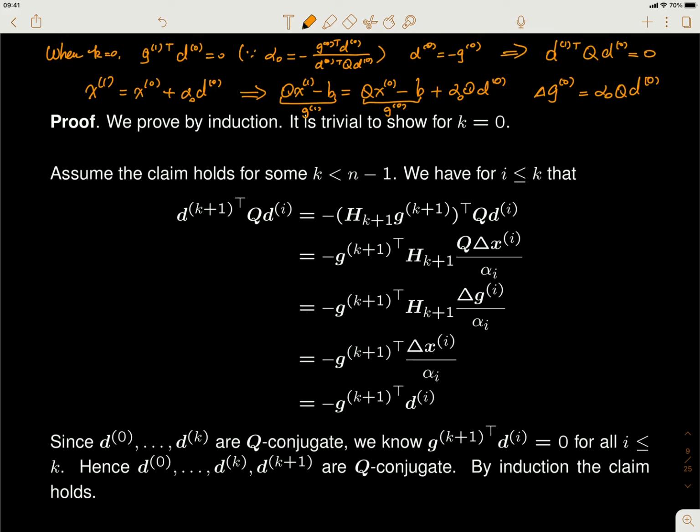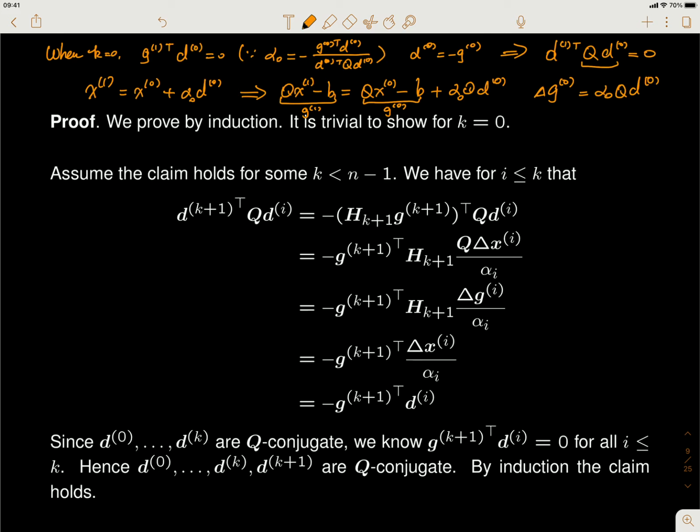Okay, and then the Q D0 will be just equal to delta G0 divided by alpha 0. Okay, that is the thing that I'm going to plug in here. But the steps will be the same as what I'm going to show below. So I will just jump to the general case below.